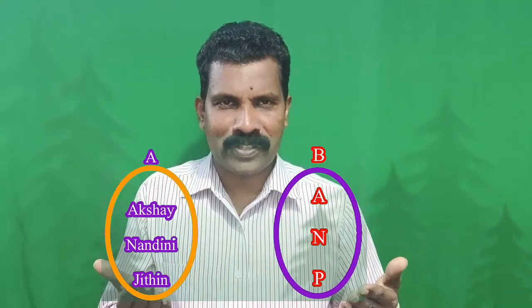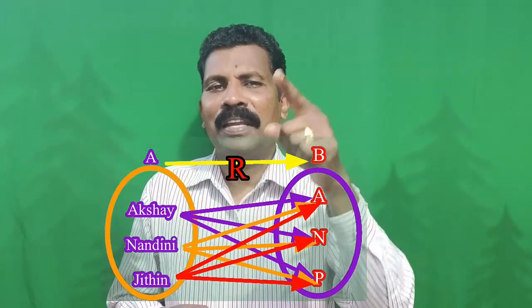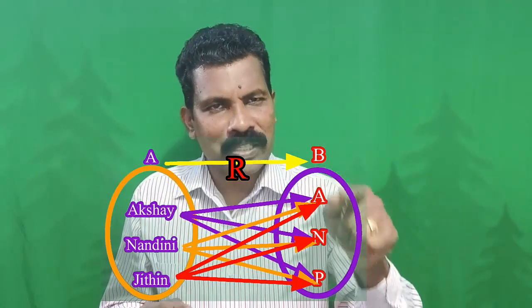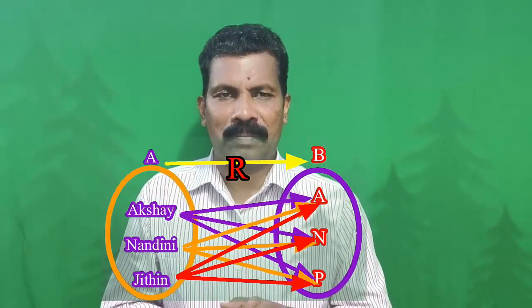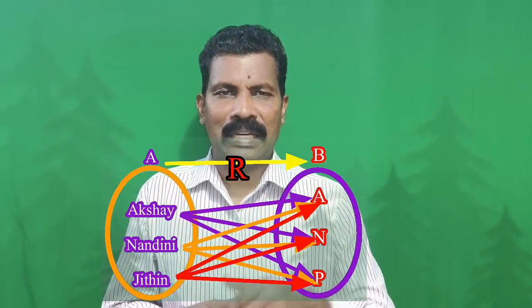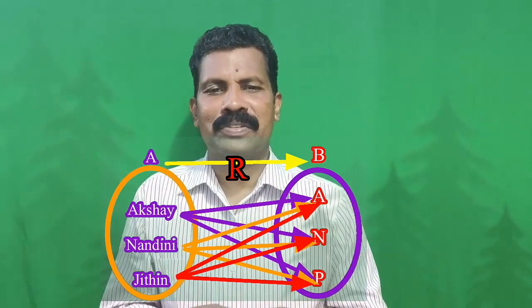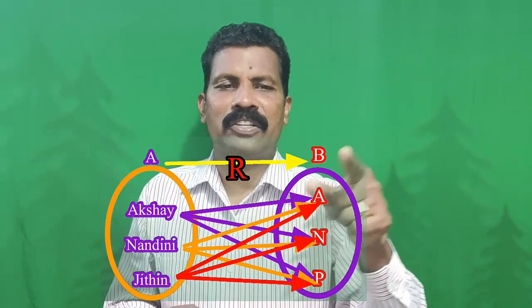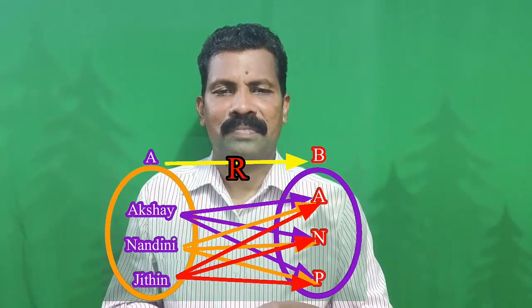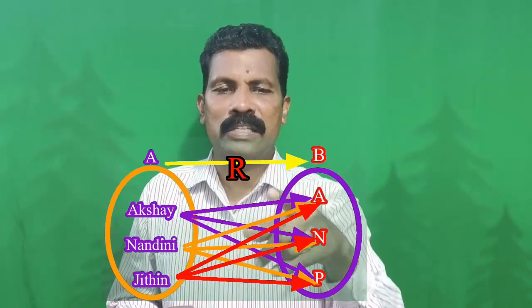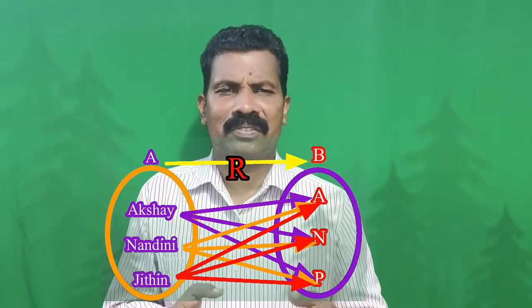On the other hand, suppose every element of capital A is associated with every element of capital B. That is, Akshay is related to A, Nandini is related to N, Jitin is related to P, Akshay is related to N, Nandini is related to P, like that.